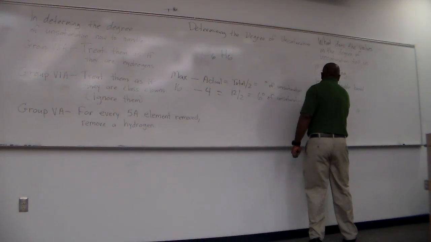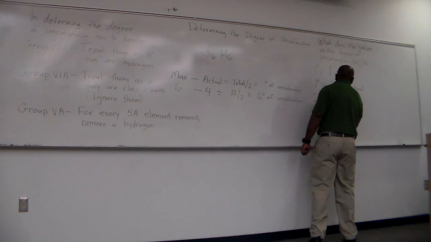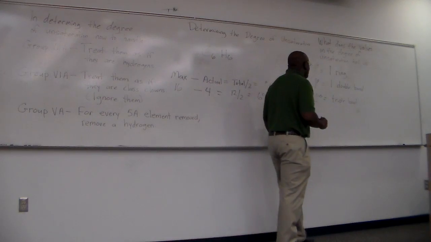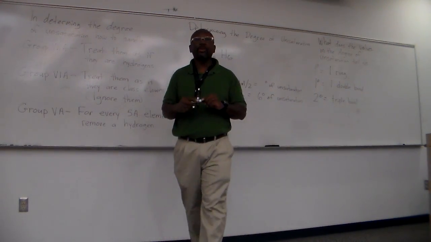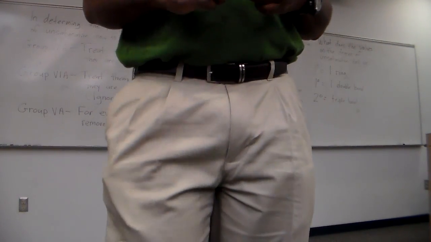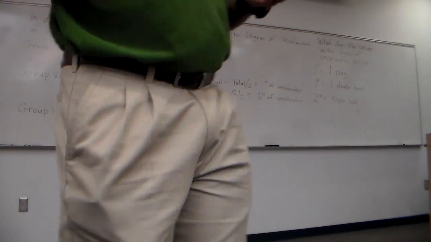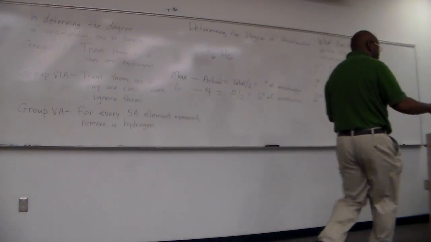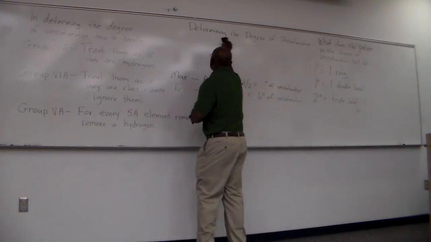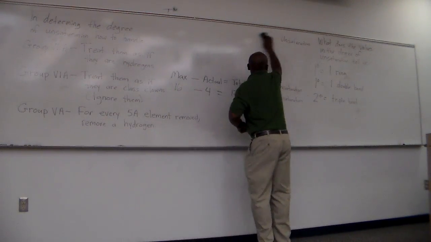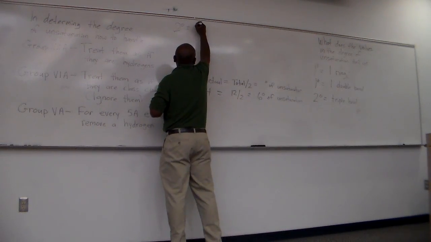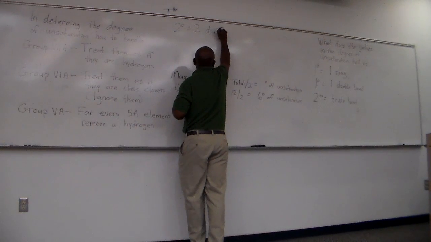Now for a 2 degree, you get a triple bond. What's another way to get a 2 degree? All we do is take those numbers we got so far and add them together. 2 double bonds.